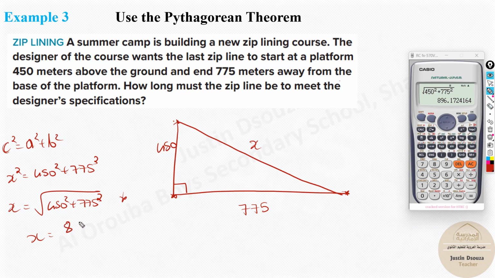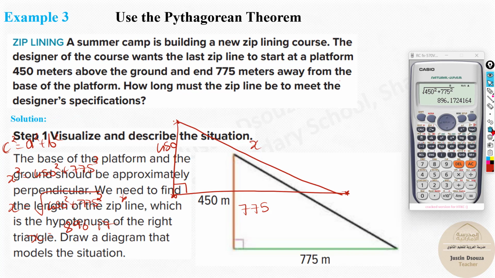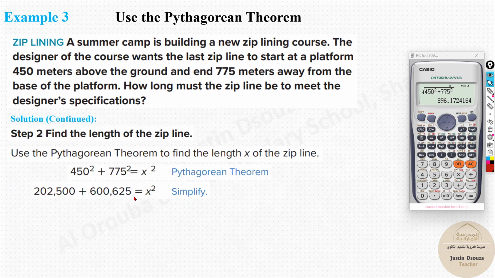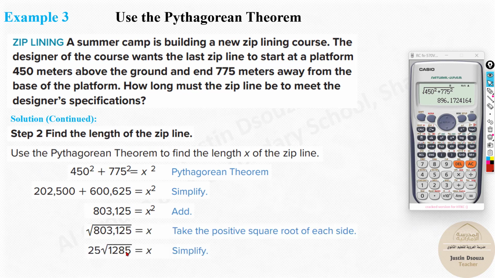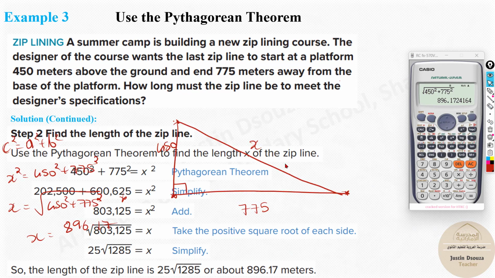We can write it as 896.17 or 896 meters. So the hypotenuse is this much. The diagram must be drawn first. That's what we did, and then you can easily use Pythagoras theorem and solve it. The answer is 896.17 meters.